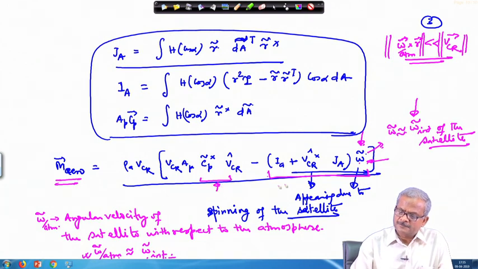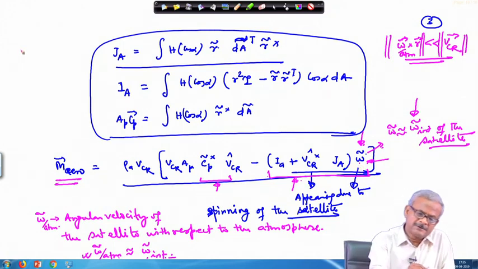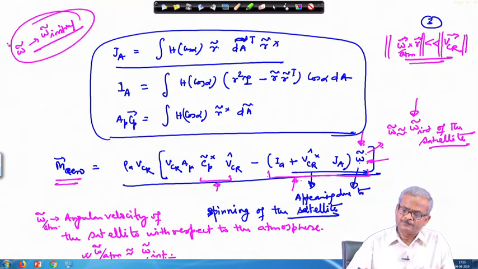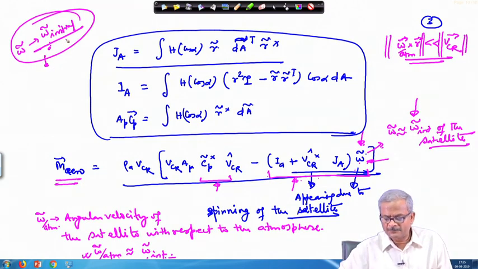So, the rotation of the satellite, if the satellite is spinning, that spin, initially your omega here, this is omega 0 initial, right in the beginning. Because of this it will start decaying, it will not stay at this value, and therefore your spinning satellite will stop spinning after some time. It may be a long period, but ultimately it will come to a halt.